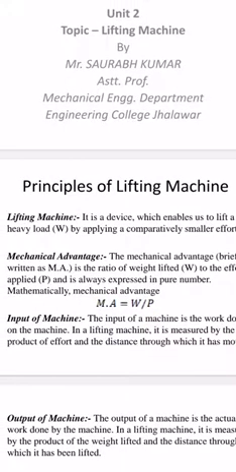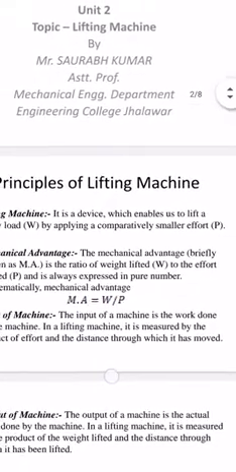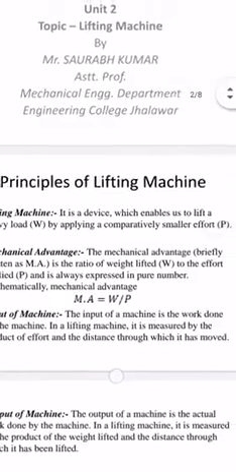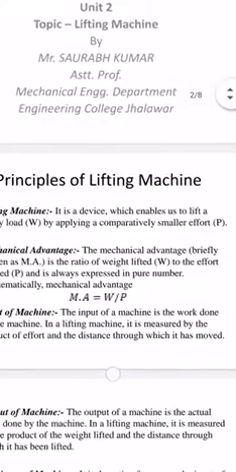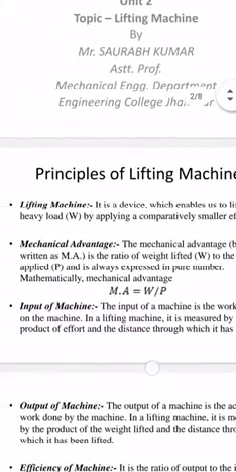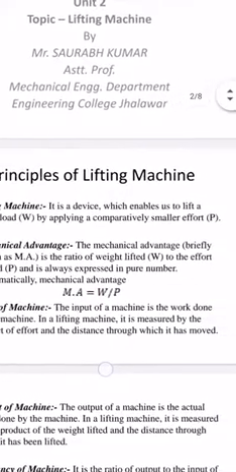Another term is input of machine. What is the input of the machine? The input of the machine is the work to be done on the machine. It is measured by the product of effort and distance.